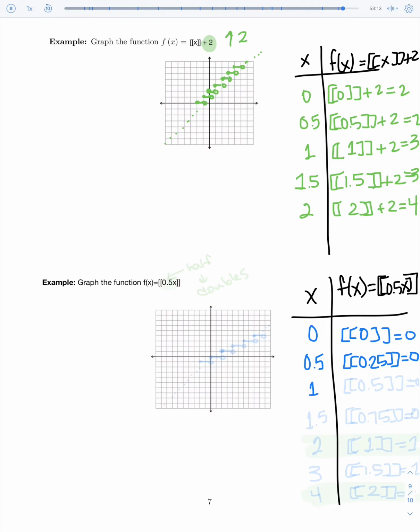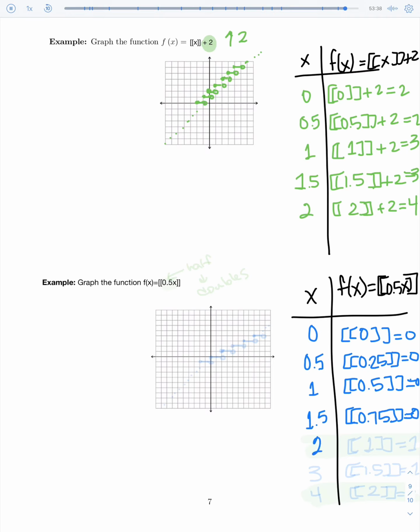Then if we plug in 1, we get 1 times 0.5, which is 0.5, which will still stay as 0. 1.5, let's see, if we plug in 1.5 times 0.5, that will get us 0.75, which is again still 0.